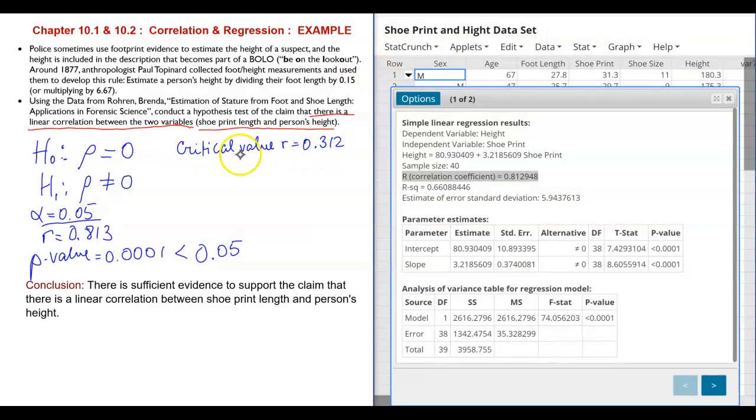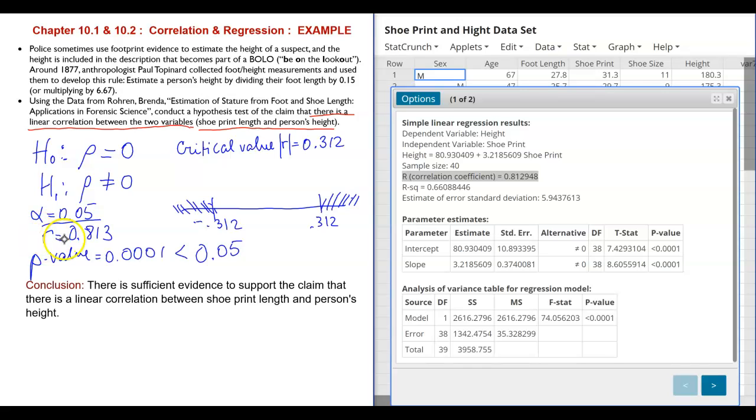Let's now compare the critical value with the linear correlation coefficient. For the critical value of R, we use the absolute value: negative 0.312 and positive 0.312. If the linear correlation coefficient is in the critical region, then we reject the null hypothesis.